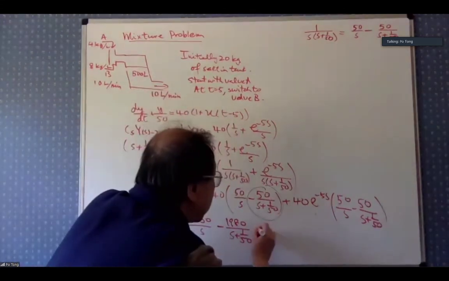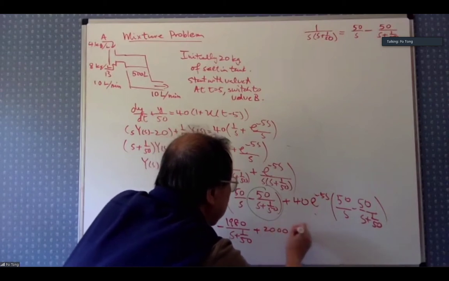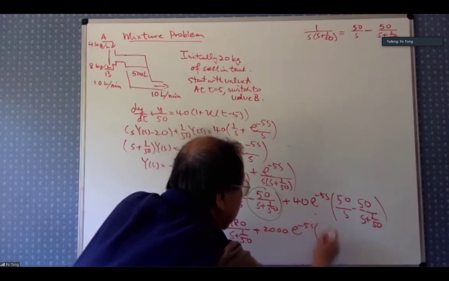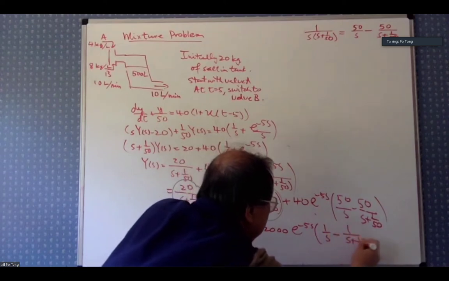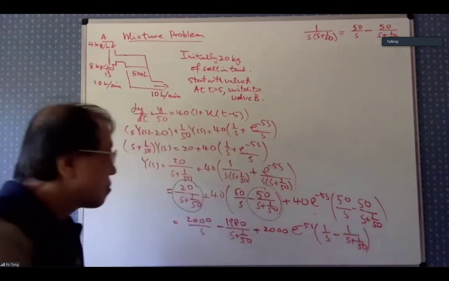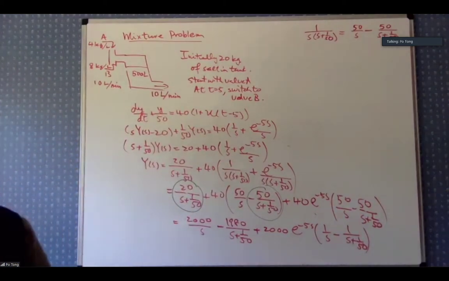Hopefully you still understand what I'm doing. Now the 50, I'm going to take it out. I end up with 2000 e to the power minus 5s times 1 over s minus 1 over s plus 1 over 50. And I need to take the inverse transform of all this stuff.